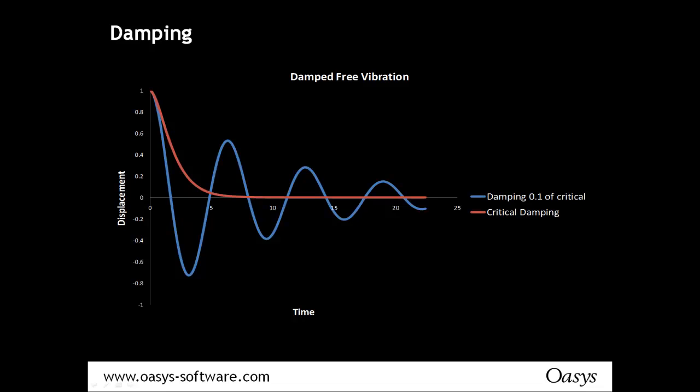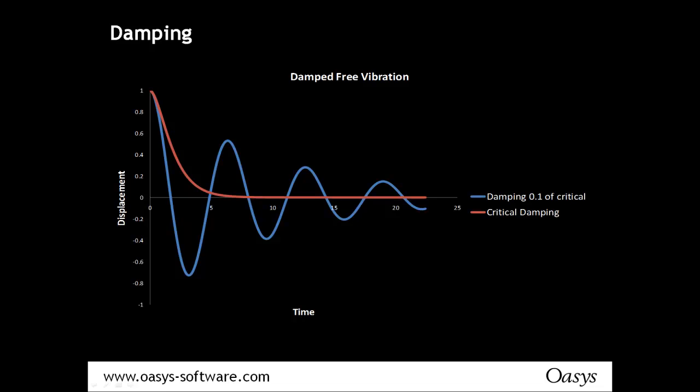This damping absorbs the energy, and there's a thing called critical damping. If the damping level is at the critical damping, you give it a displacement, and the displacement will reduce back to zero in the shortest possible time.